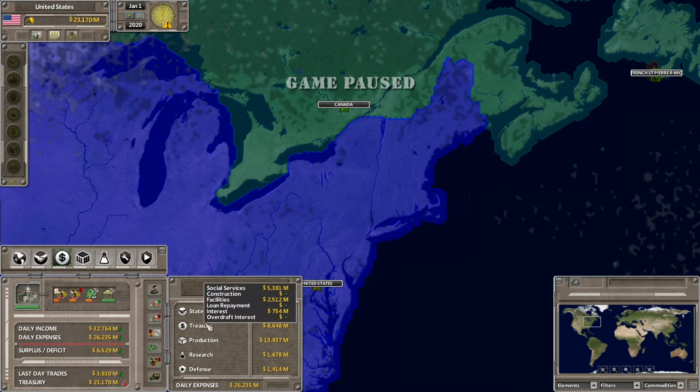And then we have the treasury, which shows you the social services spending, which we will get to more specifically. It shows how much money you're spending in the past day or the whole year on constructing things, which only happens when you're building new facilities. There's the facilities payments themselves, which is your maintenance, either daily or annual, on your facilities that are placed throughout the world.